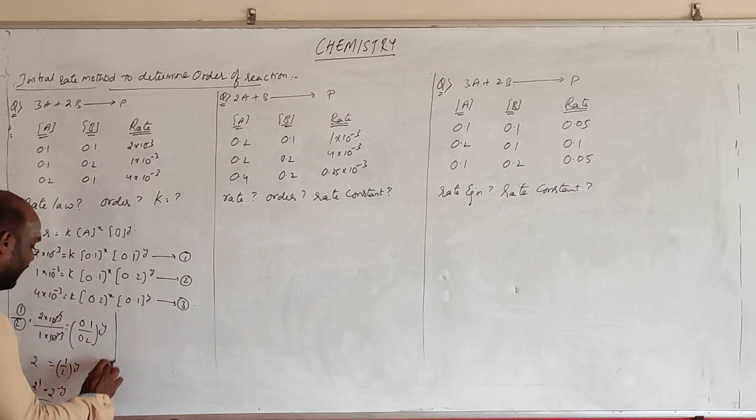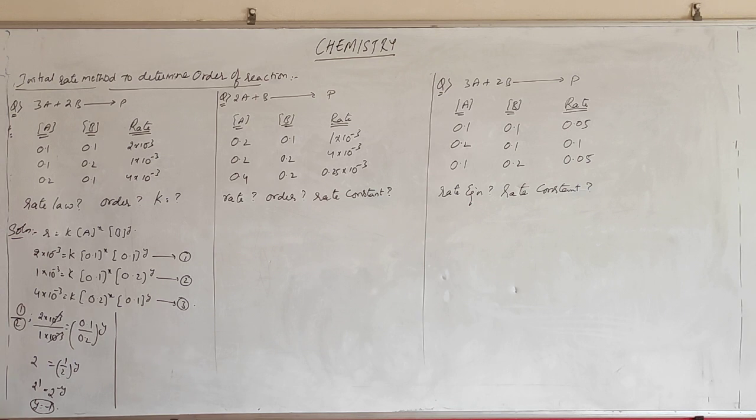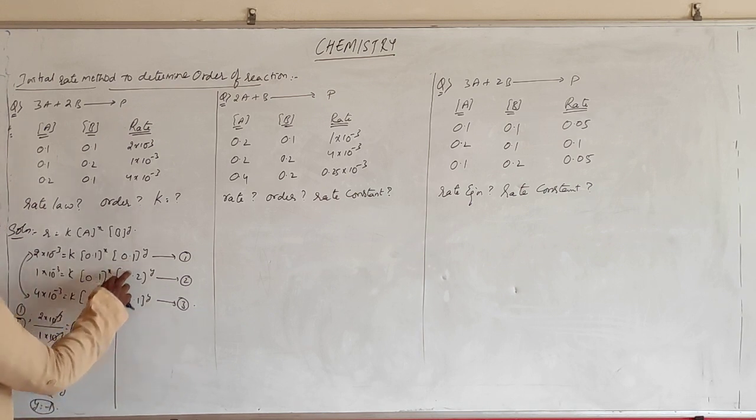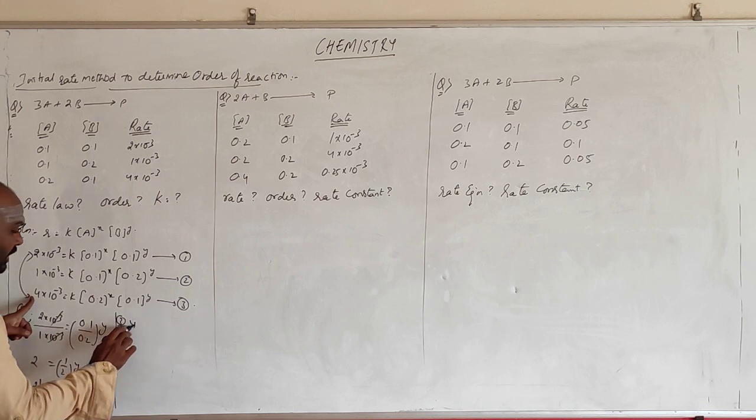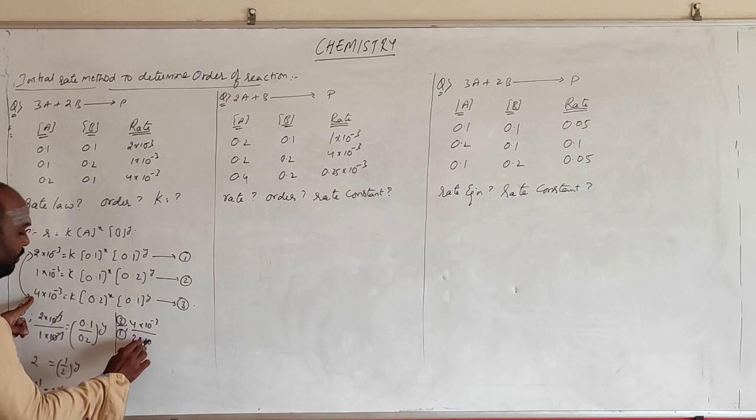Now try to find the value of x. If you take equations 1 and 3, the y term will be cancelled out. You take 3 by 1, it will be easy for solving. This is 4 into 10 power minus 3 by 2 into 10 power minus 3.